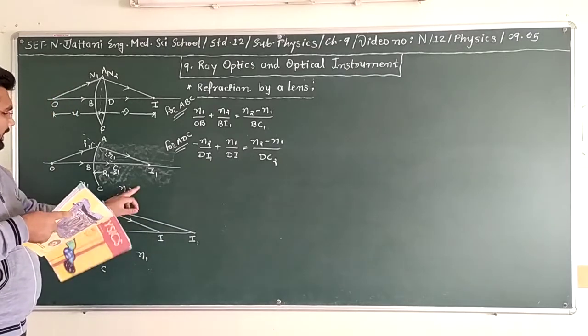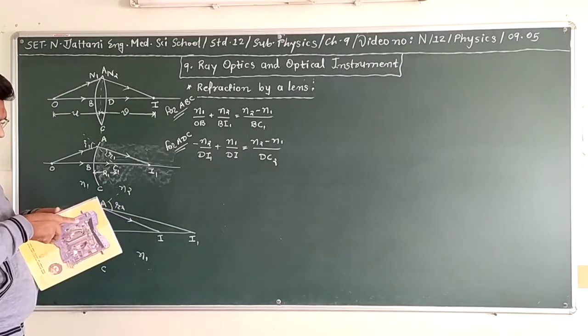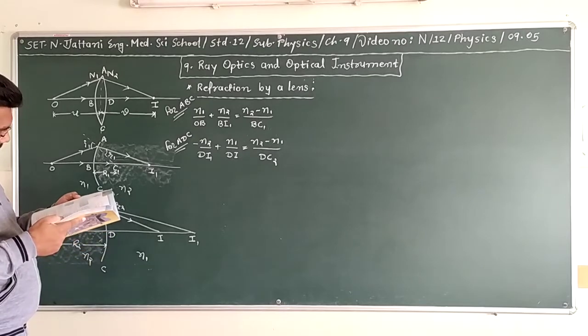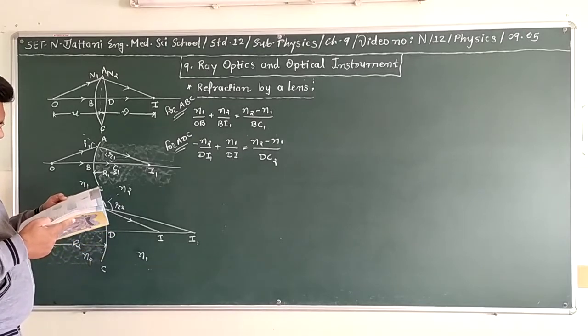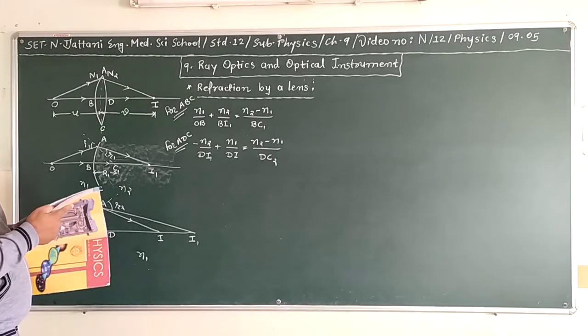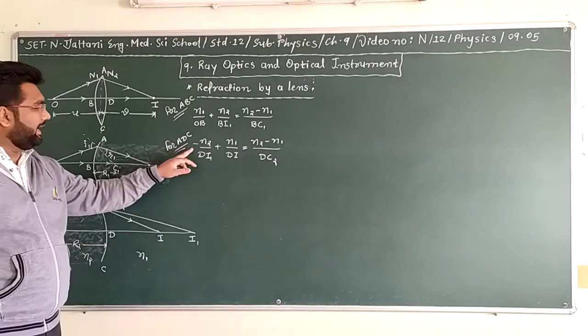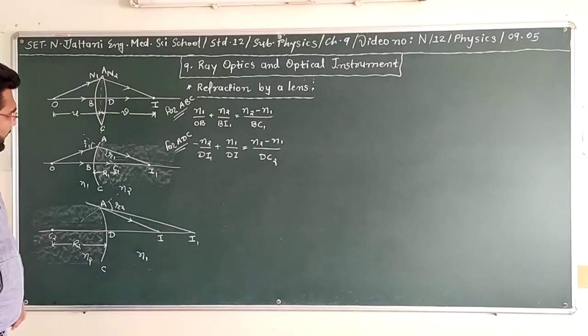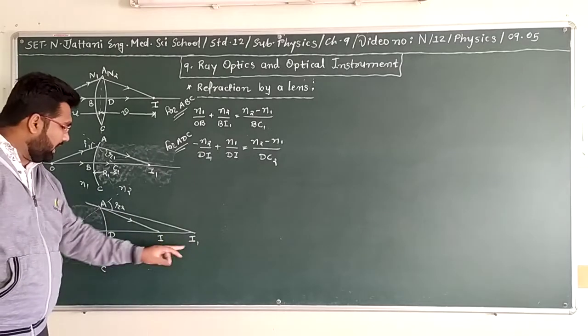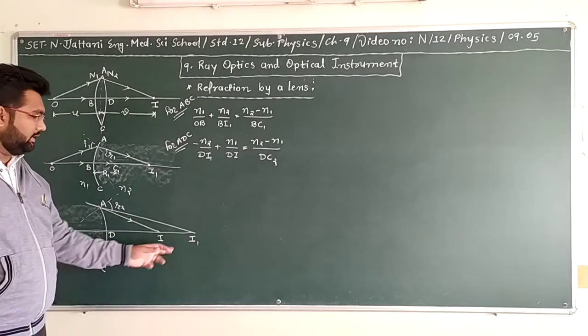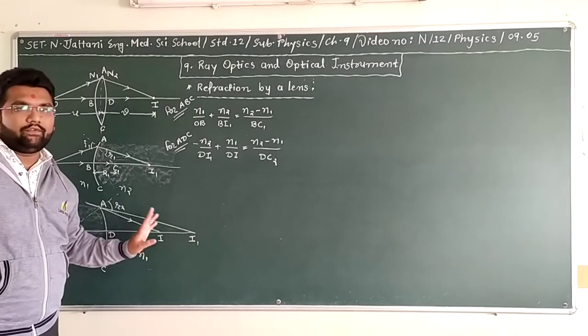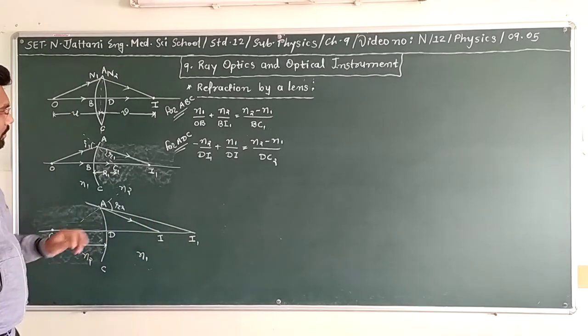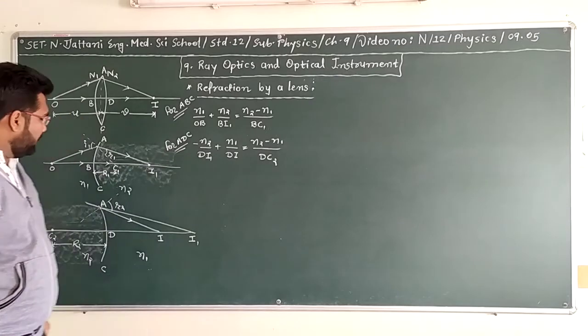So we write minus n2 upon DI1, which is the object distance because I1 is the object for surface number 2, plus n1 upon DI.